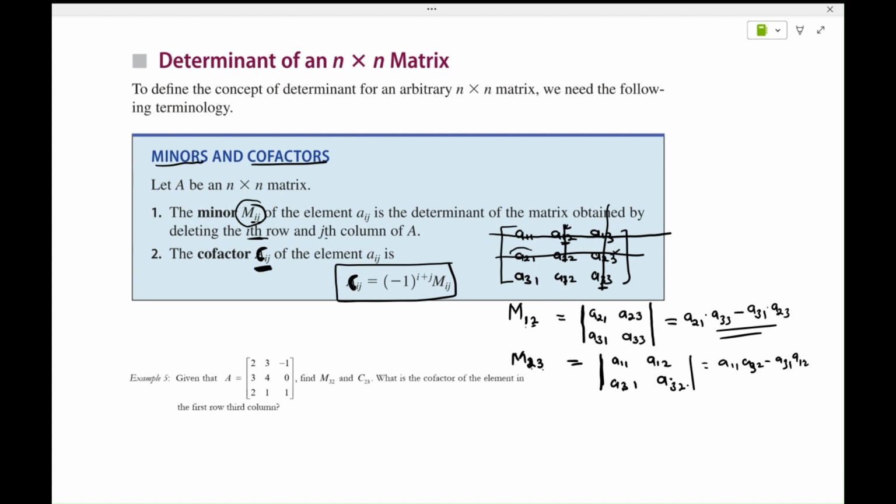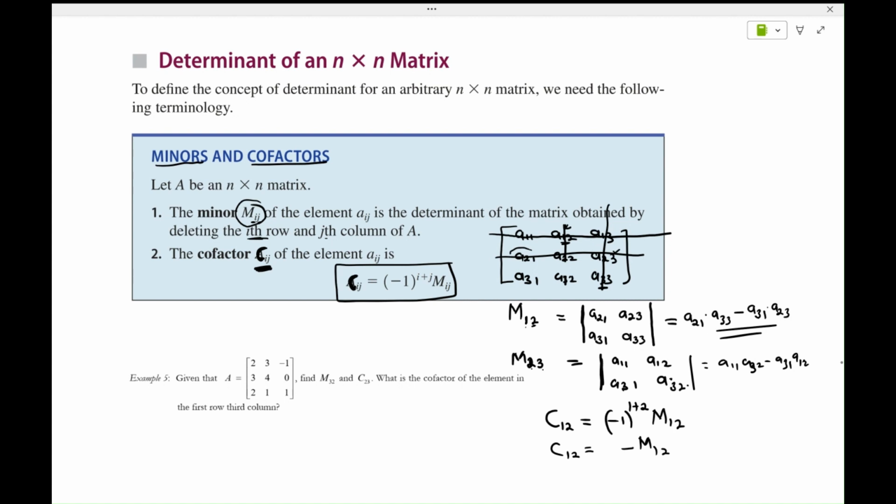So if we are looking for, let's say, C12, it is going to be minus 1 to the power of i, which is 1, plus 2, which is j, times M12. Minus 1 to the power 3 is going to be minus, so you have minus M12. So C12 is minus M12.